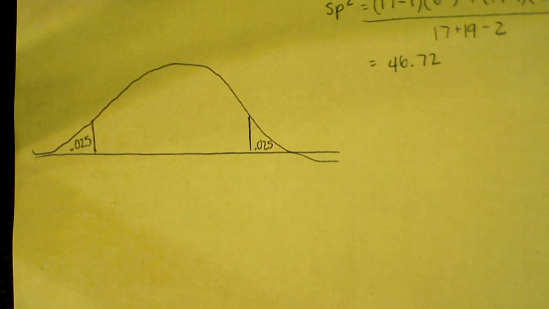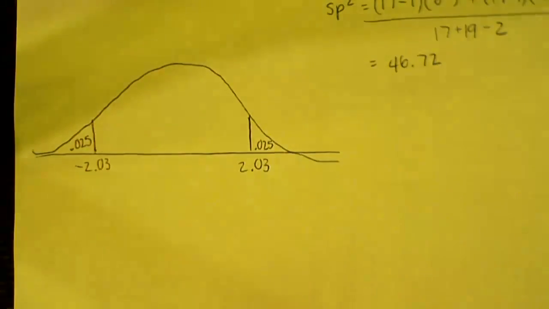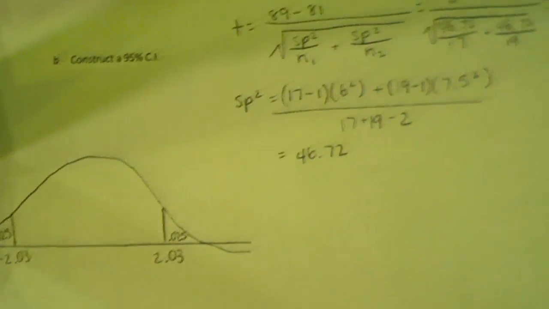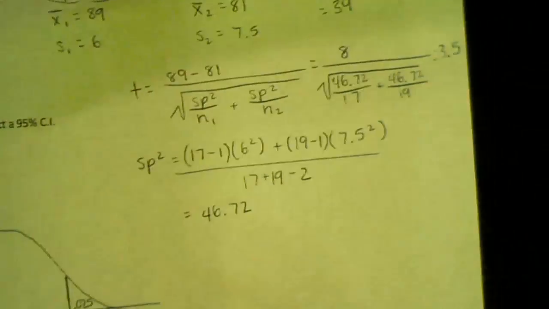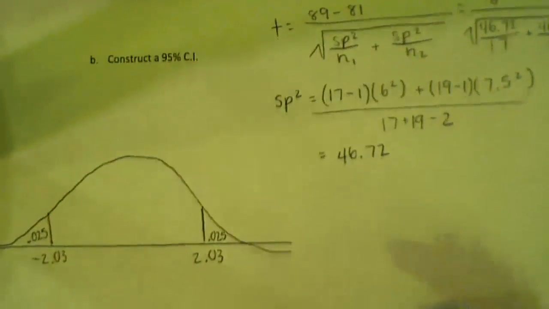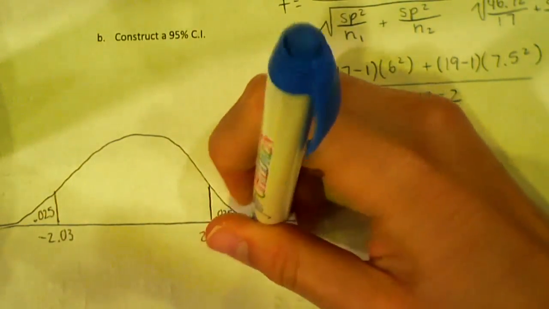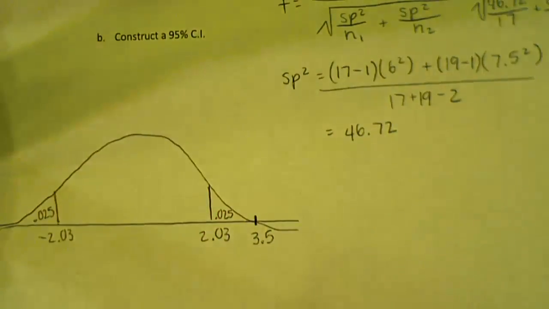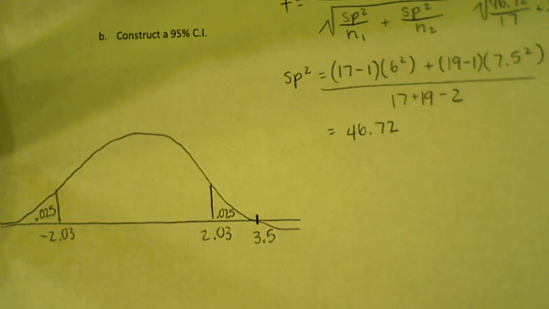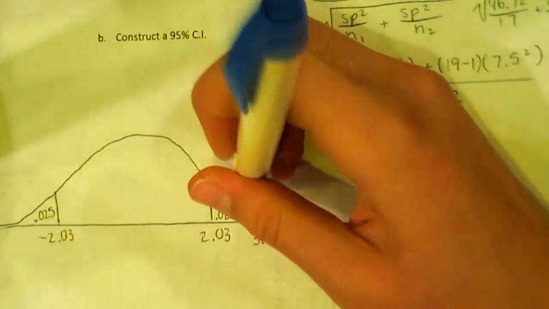And then the t-score that corresponds with that should be, okay. And we found that our t-score from up here was 3.5. So that would be somewhere over here. So it's inside the rejection region.